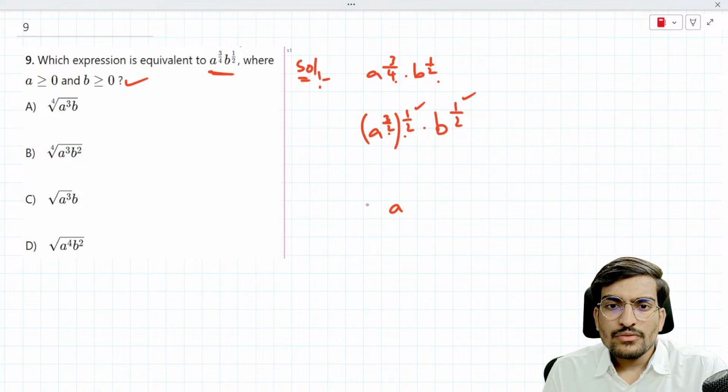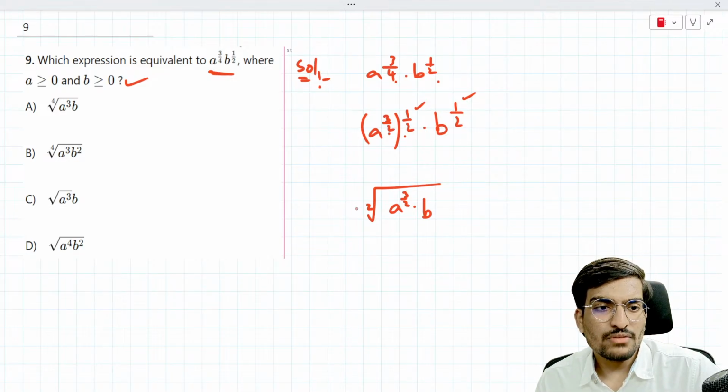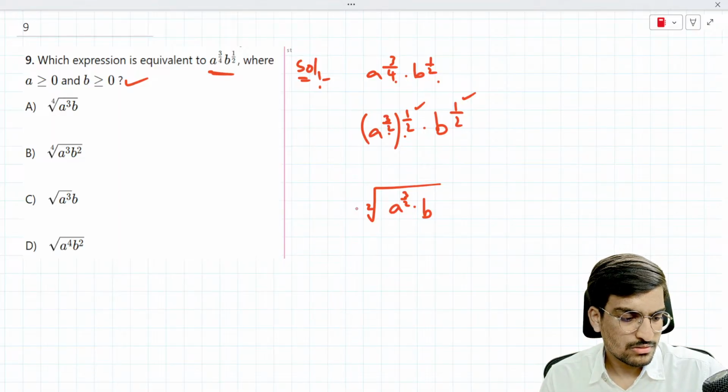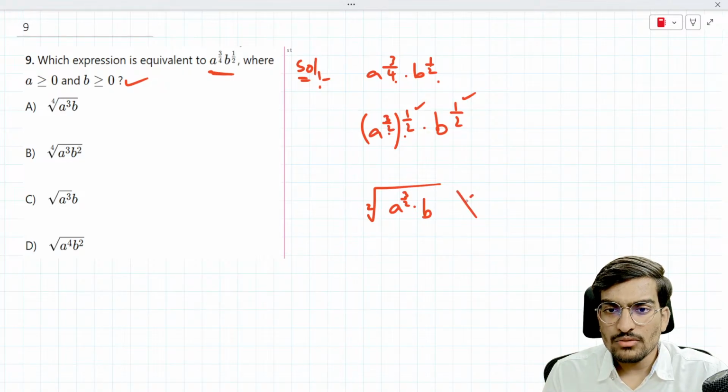So we can write square root of a raised to the power of 3/2, b power, just there is no b, just casual b. Do we have that option? I don't think we have that option here. Okay, so we'll just try the other way. This way is not working.